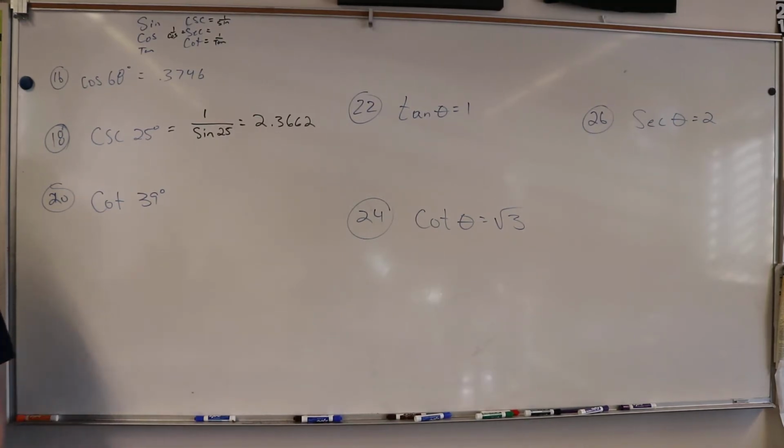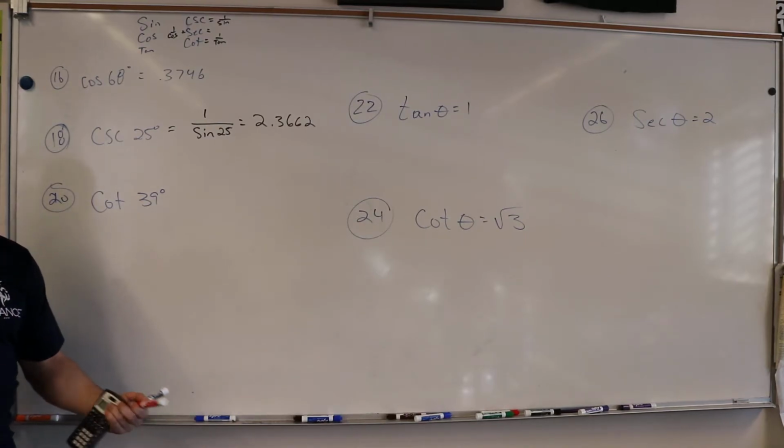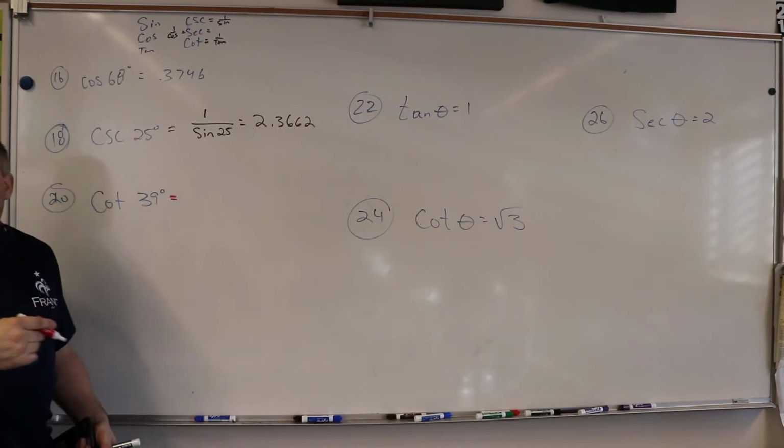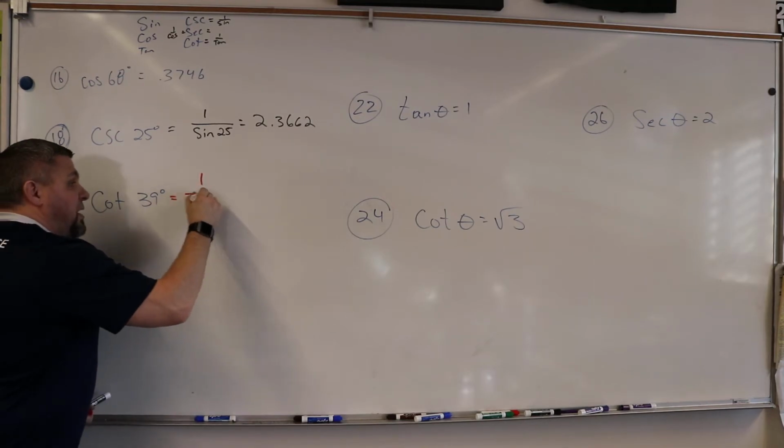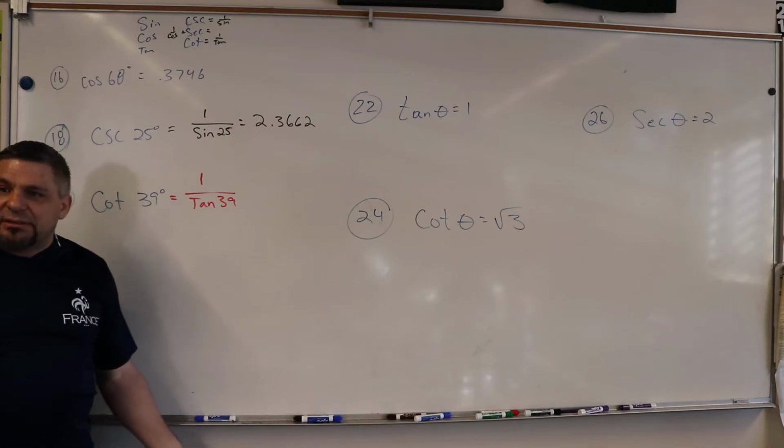Tangent. Yeah. There you go. That's all I'm asking for. Right now we're looking for, does it go with cotangent or tangent? Tangent goes with cotangent, right? So we're going to put it in our calculator, we have to put it as 1 over tangent 39. You see what I'm saying?